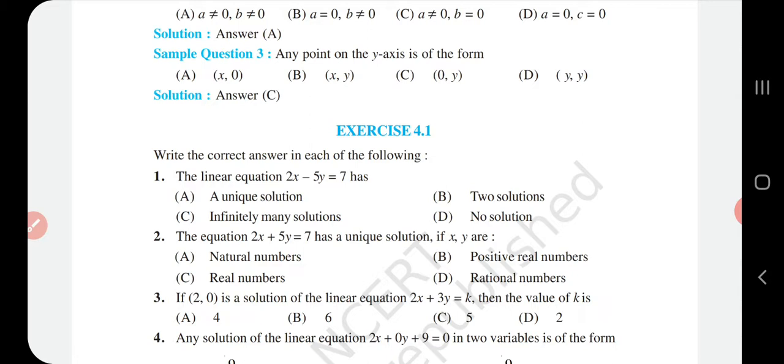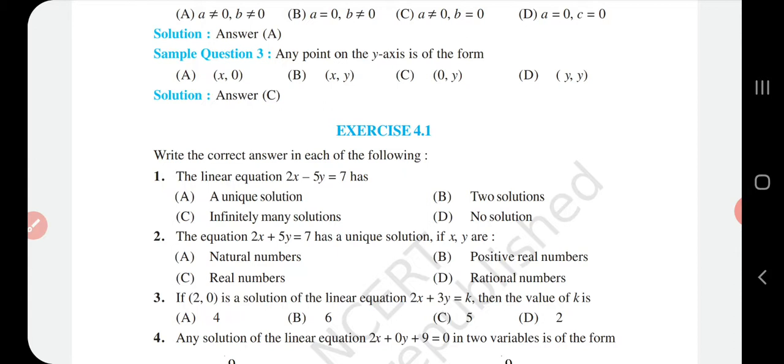Now the equation 2x + 5y = 7 has a unique solution if x and y are natural numbers, positive real numbers or rational numbers. Hence they are natural numbers. So x and y are natural numbers, and a, b, c are real numbers.